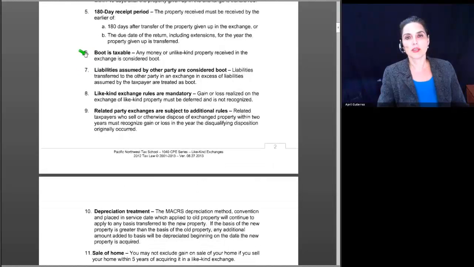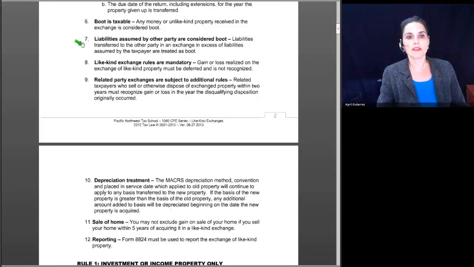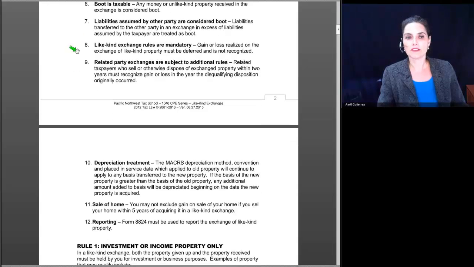Rule number 6, boot is taxable. Any money or unlike property received in the exchange is considered to be boot. Liabilities received with the other property are also considered to be boot. Liabilities transferred to the other party in an exchange in excess of liabilities assumed by the taxpayer are treated as boot. Rule 7, like-kind exchange rules are mandatory.